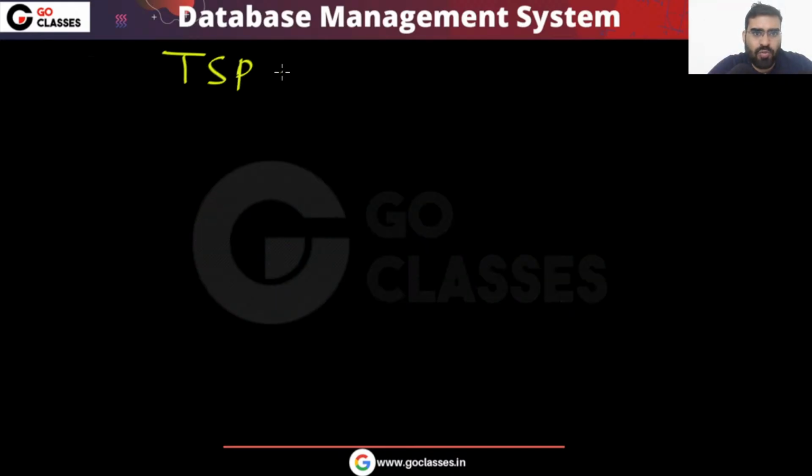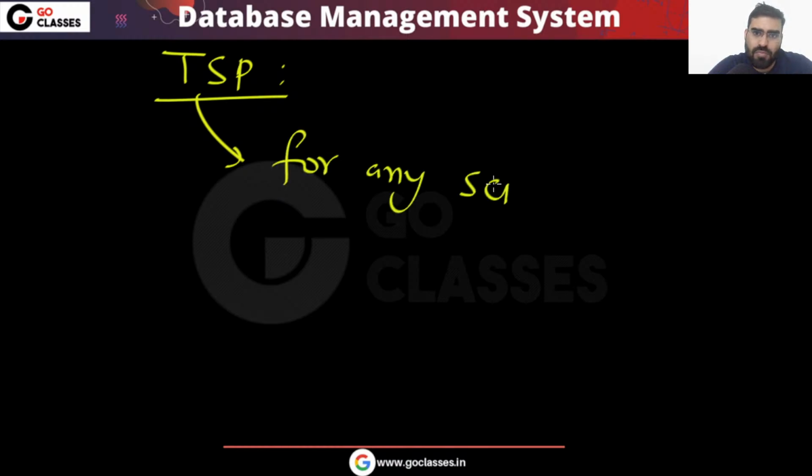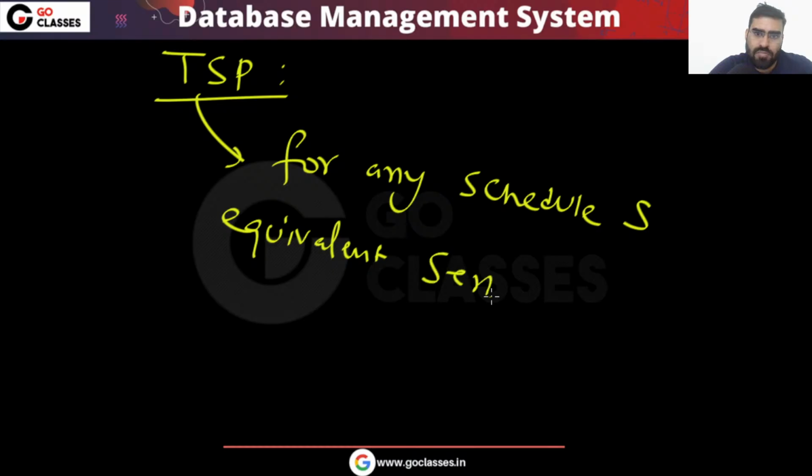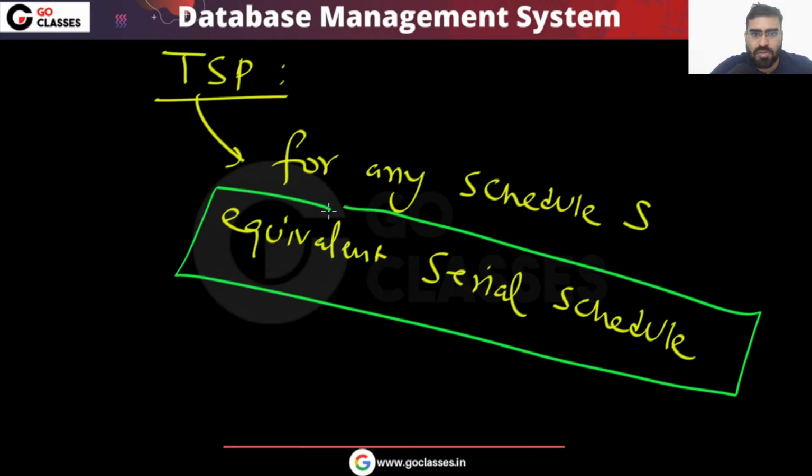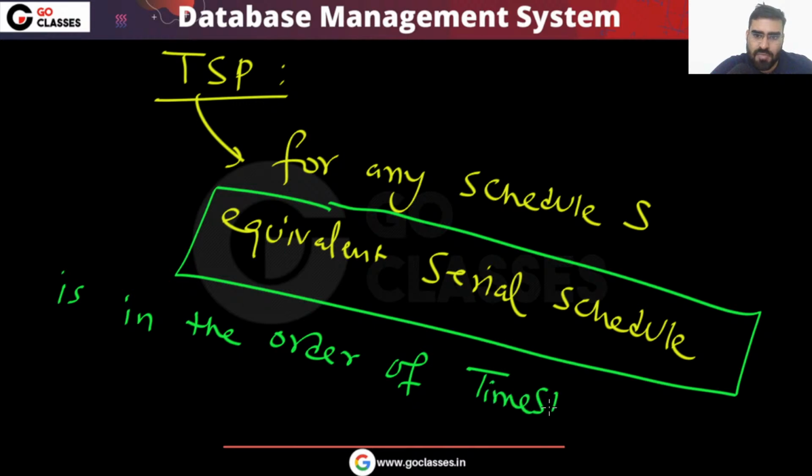In the timestamp protocol, what happens? For any schedule S, the equivalent serial schedule is in the order of timestamps of transactions.